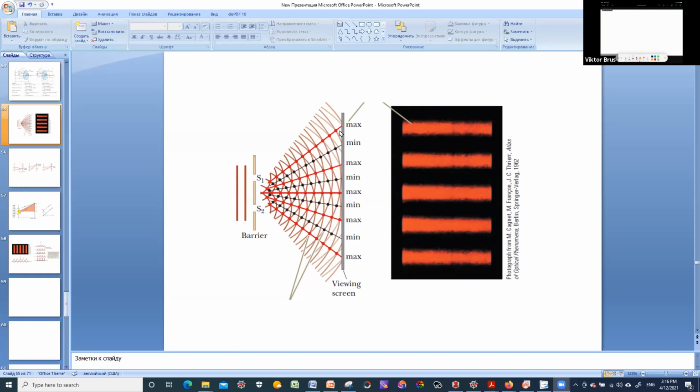resulting electromagnetic wave, which is the superposition of two sources, will be larger than the amplitude of either of these electromagnetic waves.